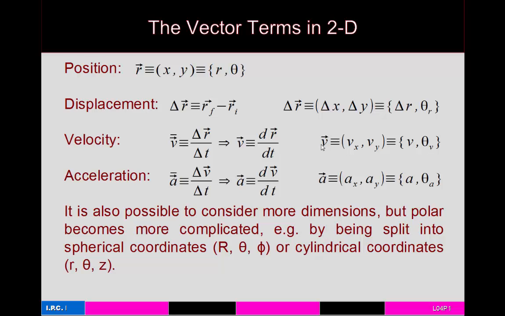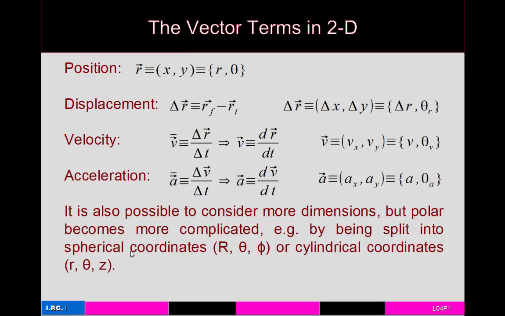So your velocity vector might look like vx, vy, or vx i hat plus vy j hat. And in polar, that would be v, theta v. And of course you can go from 2 dimensions to 3 dimensions by essentially adding a third coordinate, or by adding a third unit vector. So you can go x, y, z, or x i hat, y j hat, z k hat.